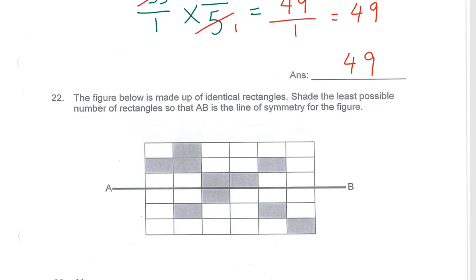Now you would want symmetry to be formed, and you would like to have the least number of rectangles for it to be a symmetry. So this being the line of symmetry, which is like the mirror, I will have no choice but to shade this one.